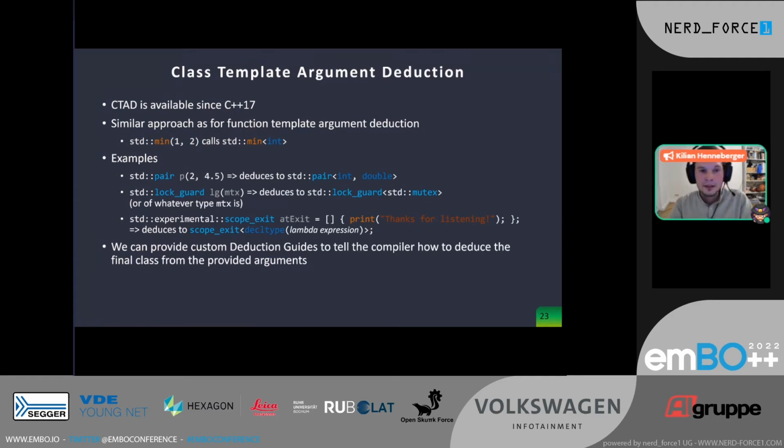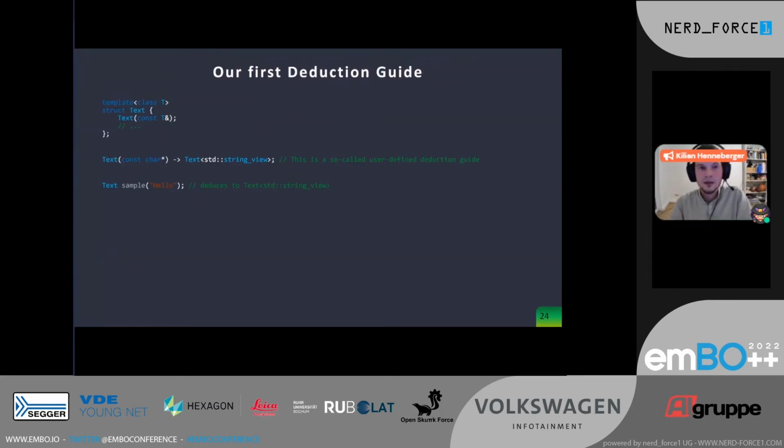The compiler is most of the time able to do the deduction himself, but we can actually also provide him deduction guides to guide him through the way of deducing the final class from the provided arguments. So this is our first deduction guide now.